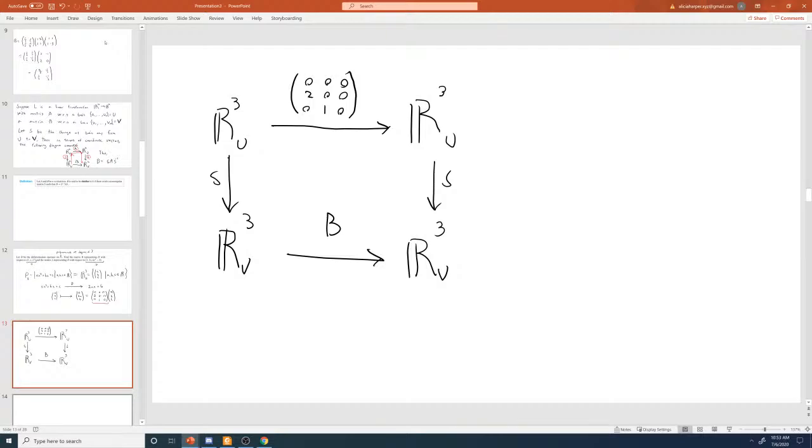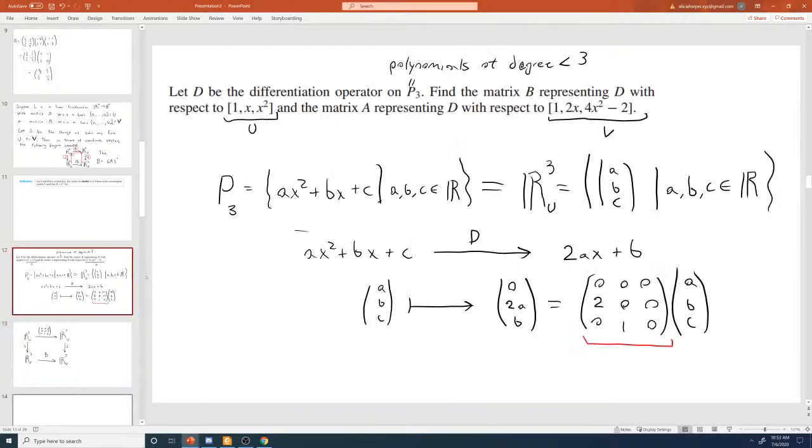In order to do that, I'm going to go through the same process that I usually do, which is I'm going to re-express my basis U in terms of my basis V. Here's what I observe. 1 is equal to 1 times 1 plus 0 times 2x plus 0 times 4x squared minus 2.